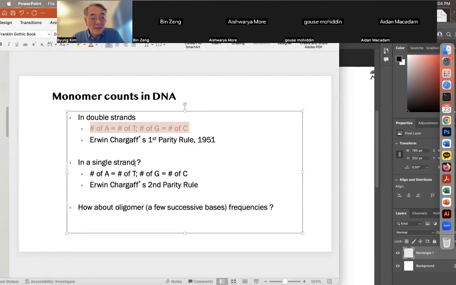They are not exactly the same, but somehow the number of A's is very close to the number of T's, and the same is true between G and C. And he cannot explain why, but it's true throughout. This particular relationship is called Chargaff's second parity rule.